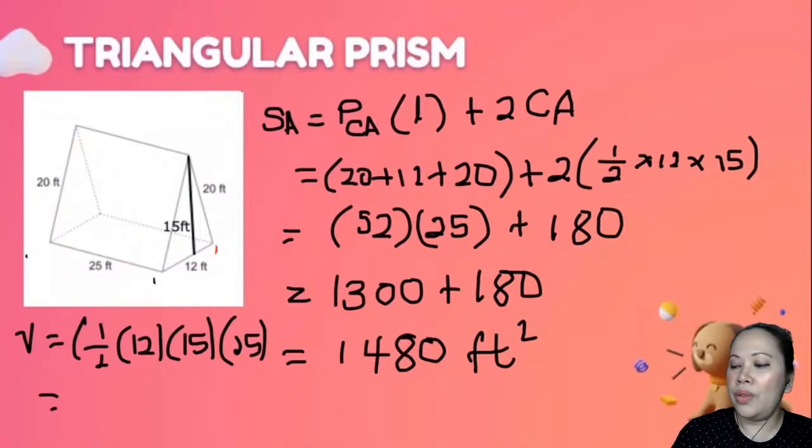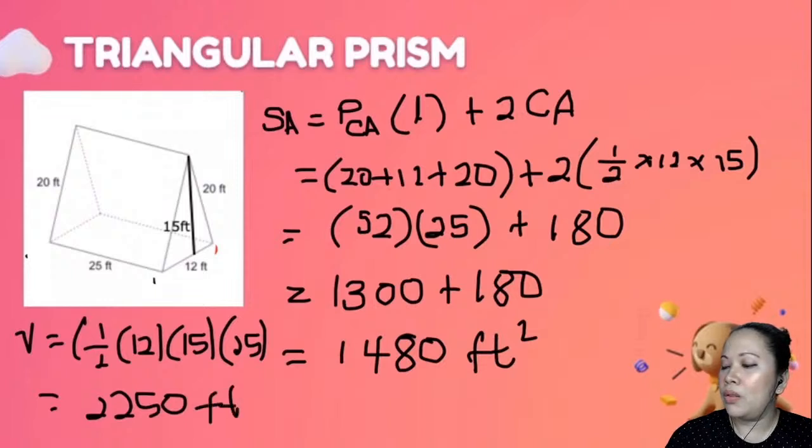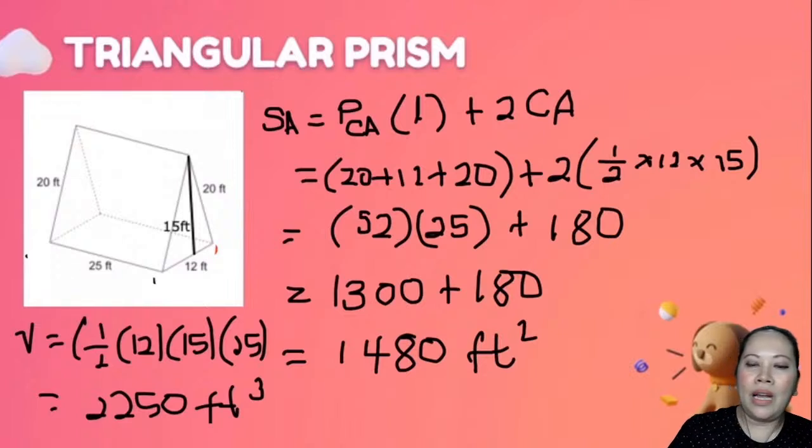So 1/2 of 12 is 6, times 15 times 25, we will have 2,250 cubic feet. I hope you are able to understand. So again, volume is base times height.